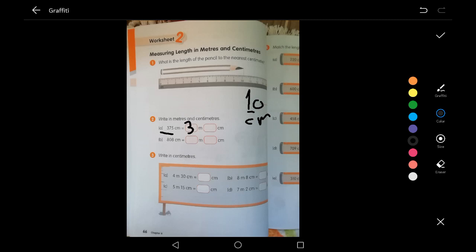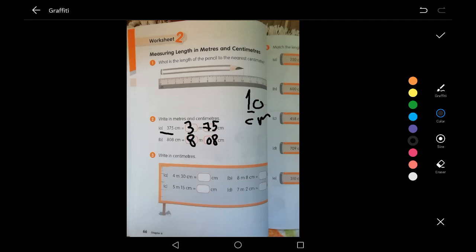And how many centimeters? In the tens and the ones, which is 75. Going for B. In the hundreds place it is meters, so 800 centimeters equals 8 meters. In the ones and the tens place it is centimeters, remaining as it is, so it is 0, 8.